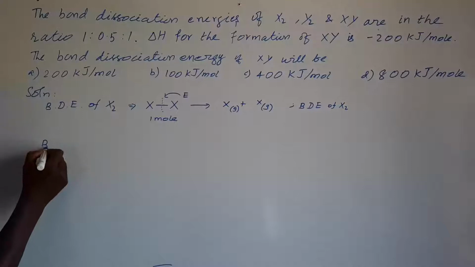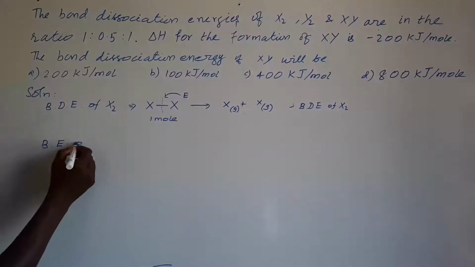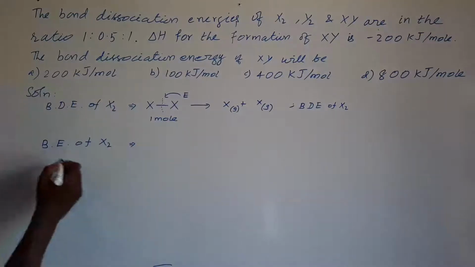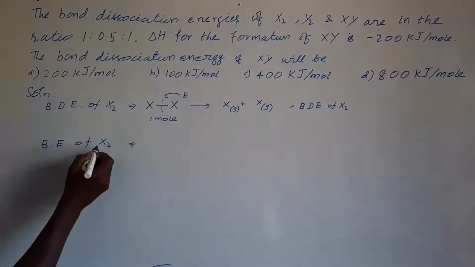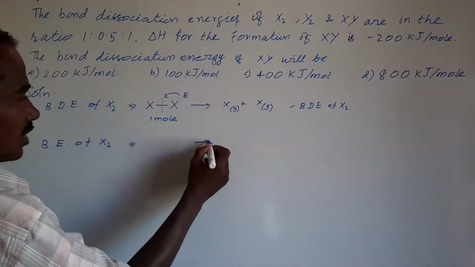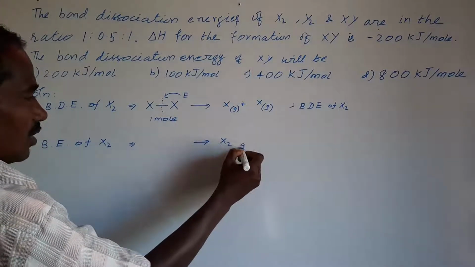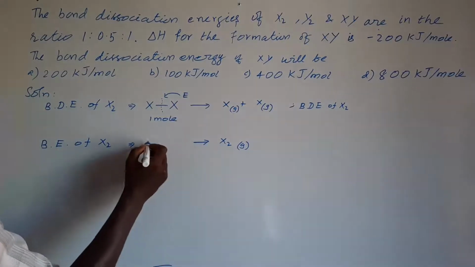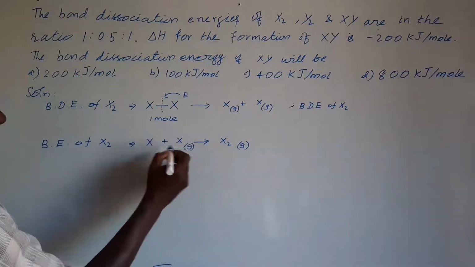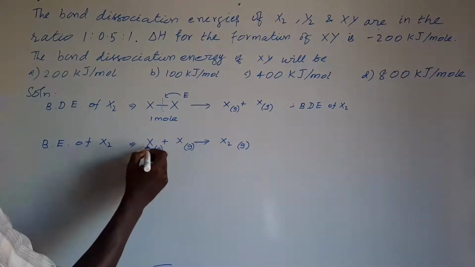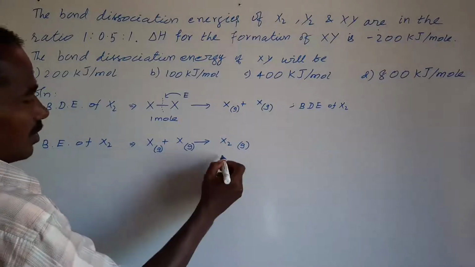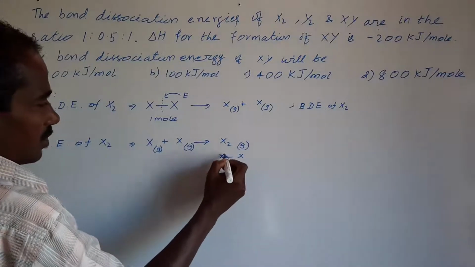Next we will see bond energy of X2. Bond energy of X2 means formation of X2. So X2 is formed from X atoms. Take X atoms in the gaseous state. X atoms combine to give X2. Here bond is produced.